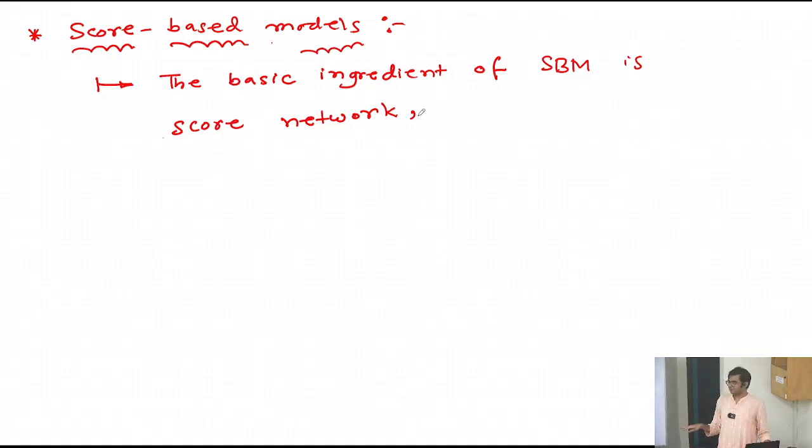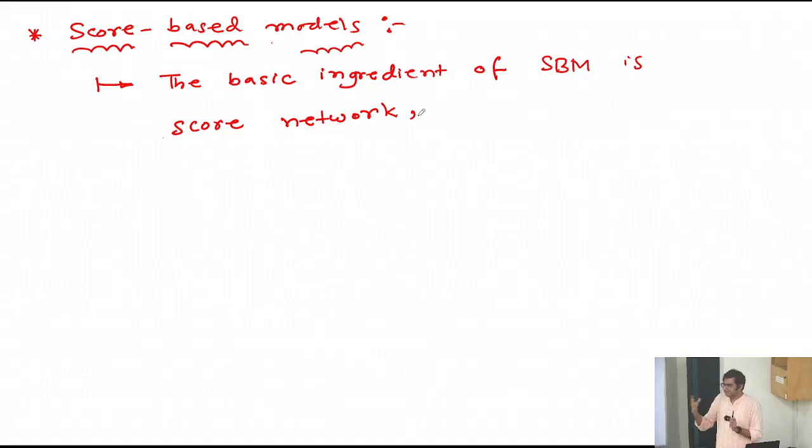It is a neural network that will take X as input, which is data, pixels or whatever, and will give you the score. So it's a network where the input is X, X1, X2, X3, whatever. The output is the score.